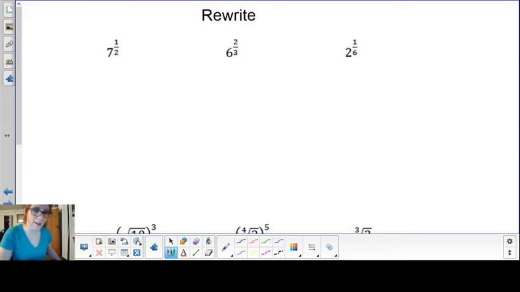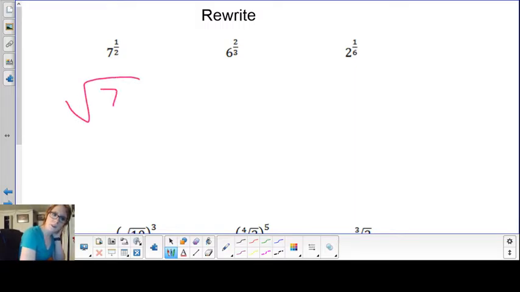Alright, we're going to go ahead and rewrite these guys. So I have 7 to the 1 over 2, so the square root of 7. I can't reduce that because the square root of 7 is not a nice answer.